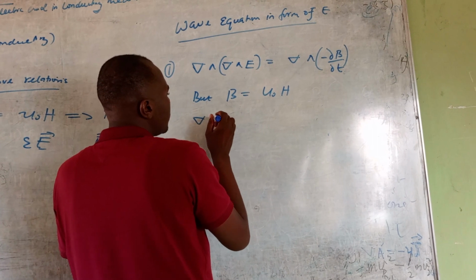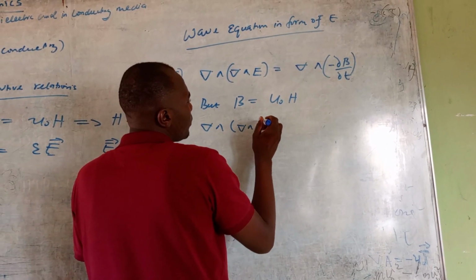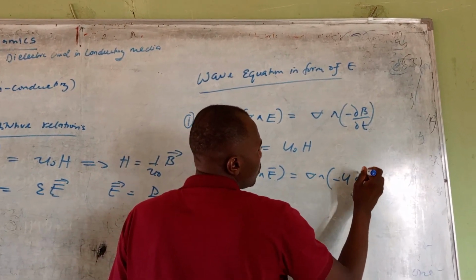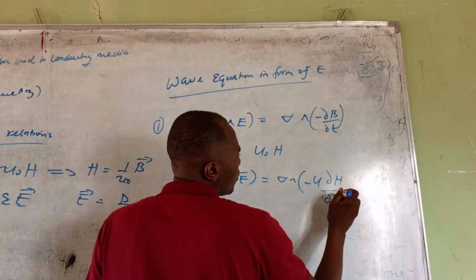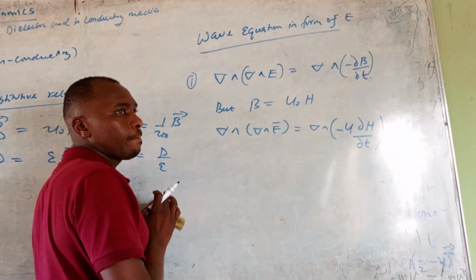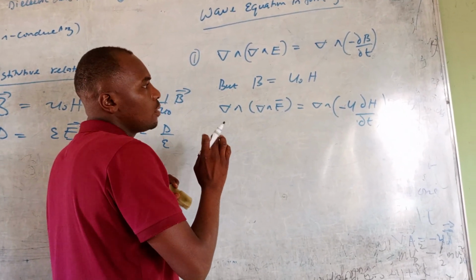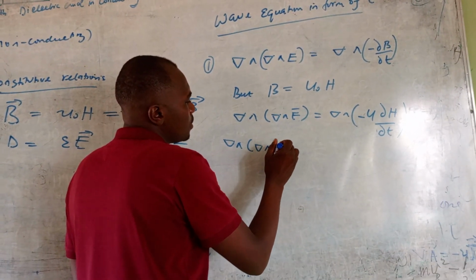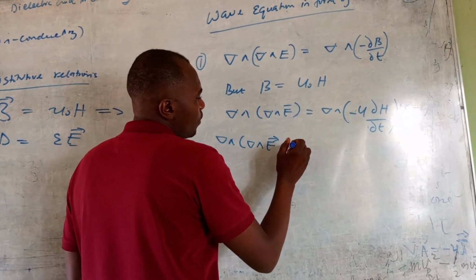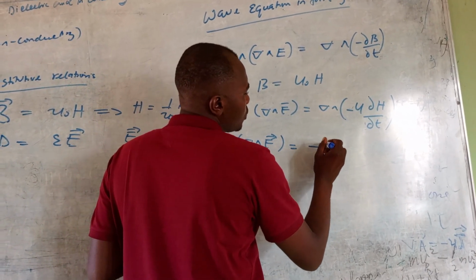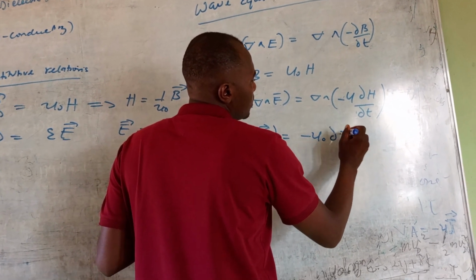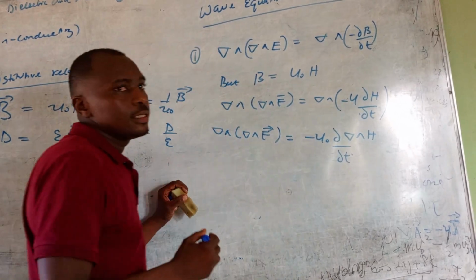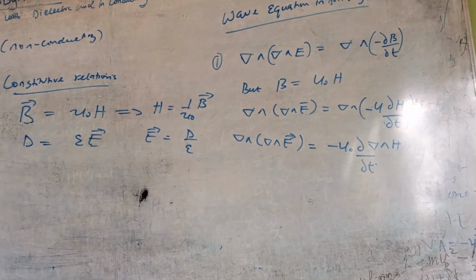I'll have the curl of E equal to del cross, bracket, minus mu dH by dt. I hope it's clear. Yes, sir. So now I will have del cross E as the same thing as minus mu d of del cross H over dt. Is there any ambiguity? I hope it's clear.